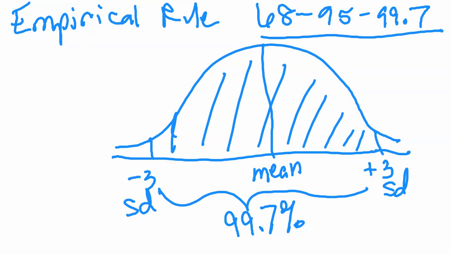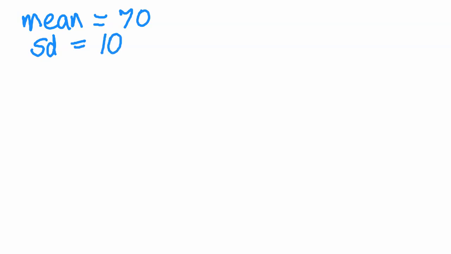Okay, so let's take a specific example. Suppose you do have test scores or whatever, it doesn't matter. For this example, let's just say the mean is 70, and our standard deviation, when we figure it out from our scores, I don't even need all our scores, say the standard deviation is 10, and say it's normally distributed.